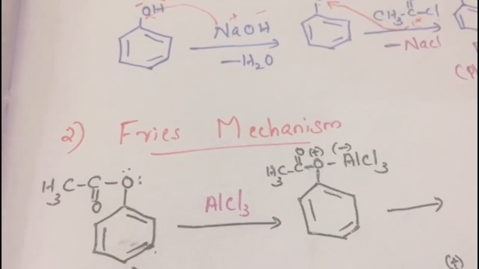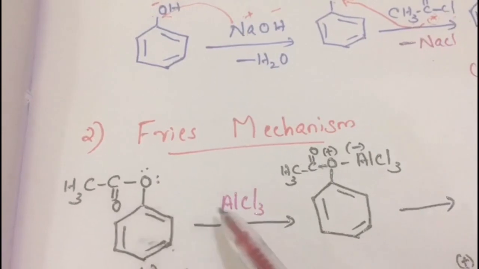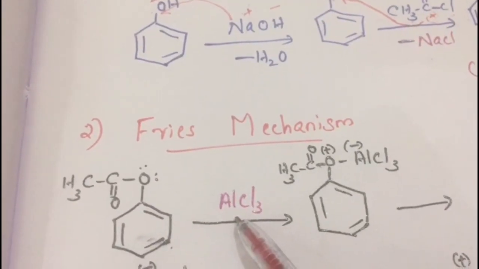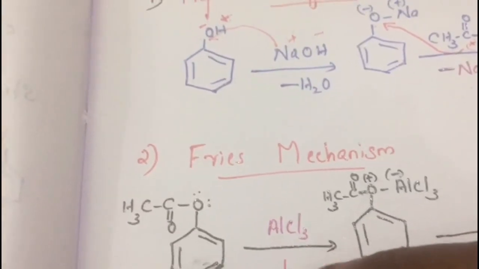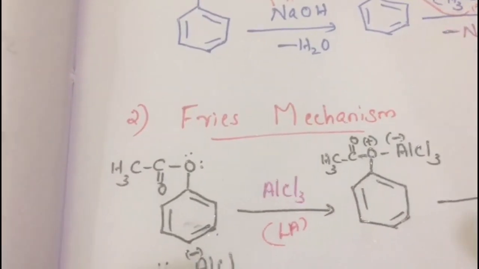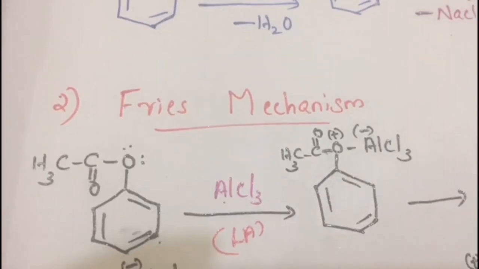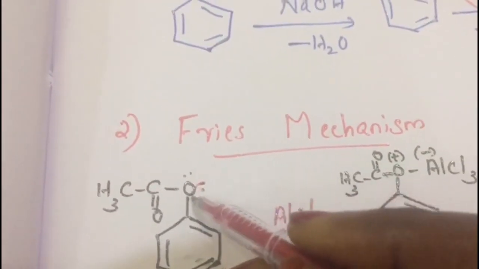Now let us discuss the mechanism of Fry's rearrangement. Here the phenyl ester is treated with aluminium chloride. Aluminium chloride is a Lewis acid because it is electron deficient. So AlCl3 is bonded to this oxygen using this lone pair of electrons.